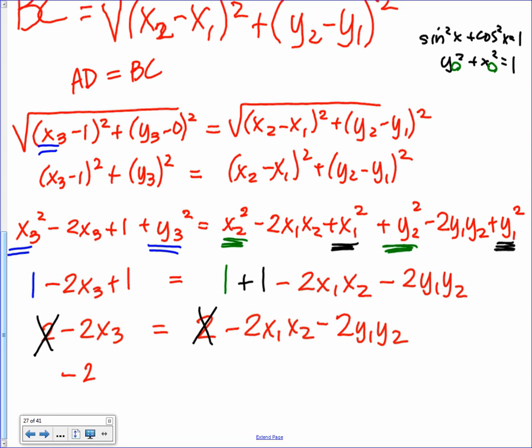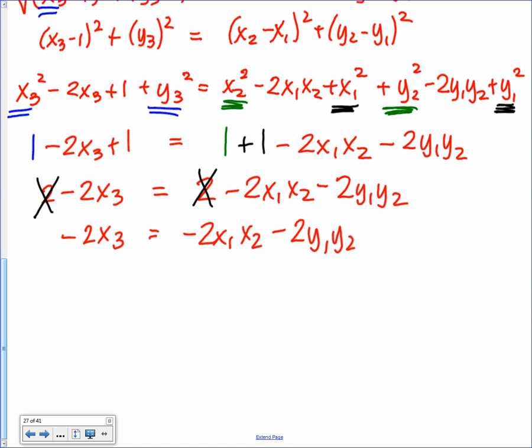So I get negative 2x sub 3 equals negative 2x sub 1, x sub 2 minus 2y sub 1, y sub 2. Do you notice that everything has a negative 2 in it? Let's divide it out. X sub 3 equals x sub 1, x sub 2 plus y sub 1, y sub 2. We have just successfully solved for x sub 3.